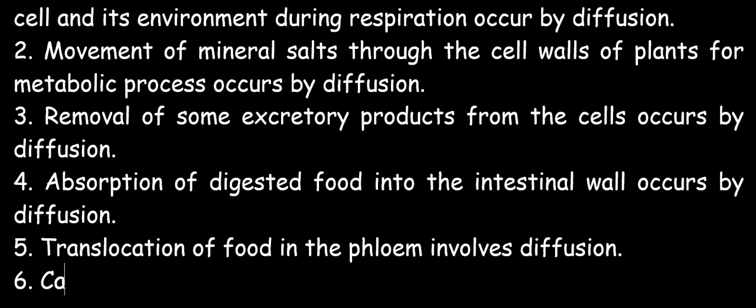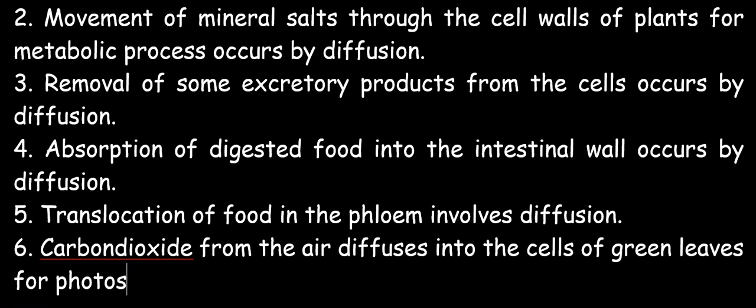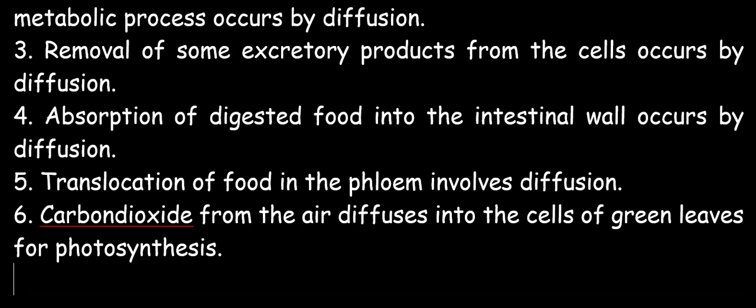Carbon dioxide from the air diffuses into the cells of green leaves for photosynthesis. We see that diffusion is also important in the process where green plants manufacture their food, in the process of photosynthesis.